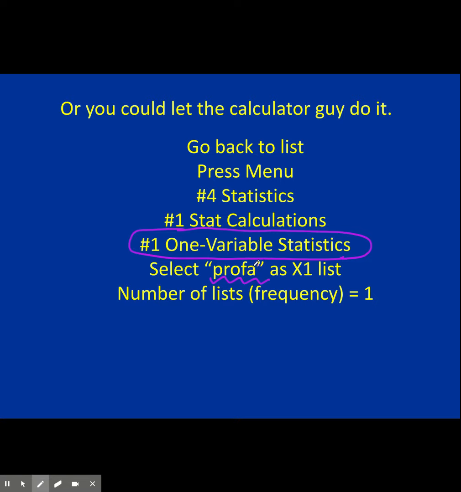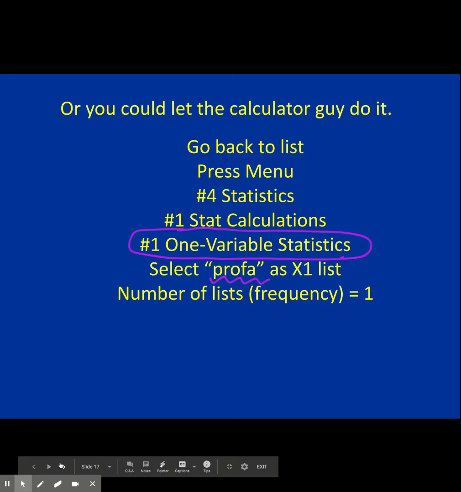I called it Prof A for Professor A. It's a good idea, if you're entering data into a calculator, to give it a name. It will make it a lot easier for you to know which column you want to pull data from. And when you do that and run this whole thing, oops, let me clear that off.